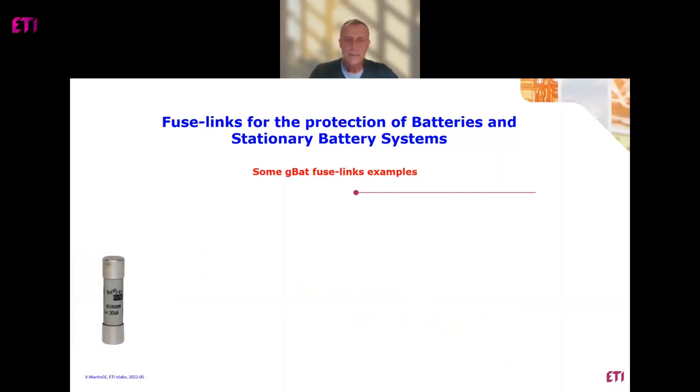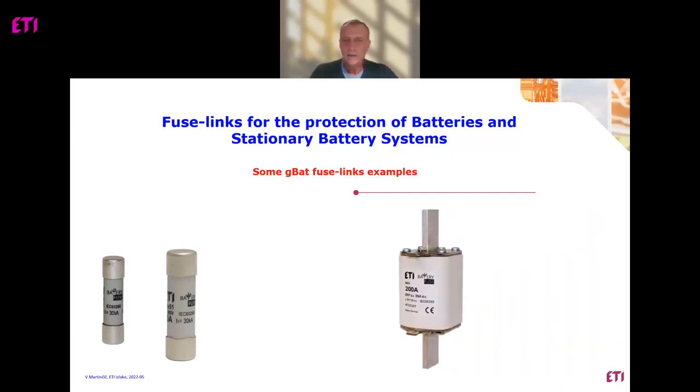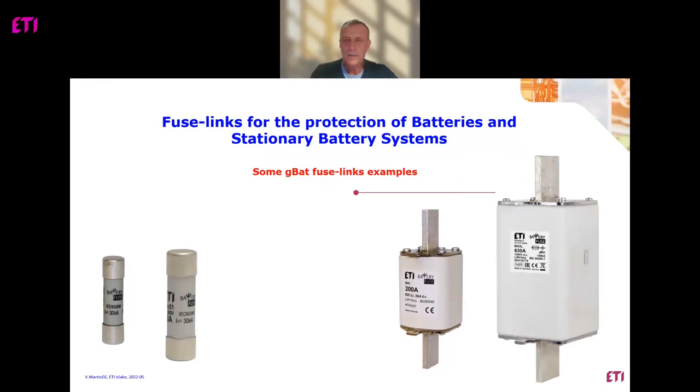There are some examples from our product range. Cylindrical size 10 by 38, 14 by 51, and all sizes 1, size 3L up to 1500 volts and up to 630 amps.